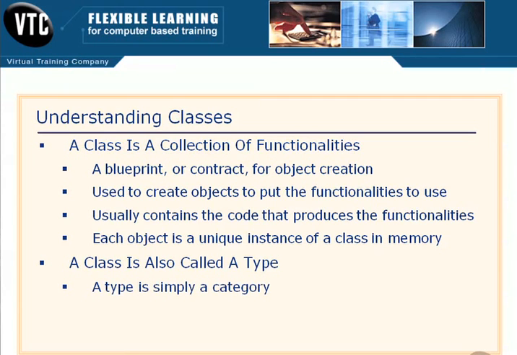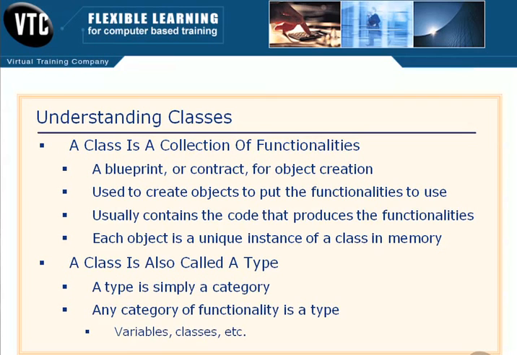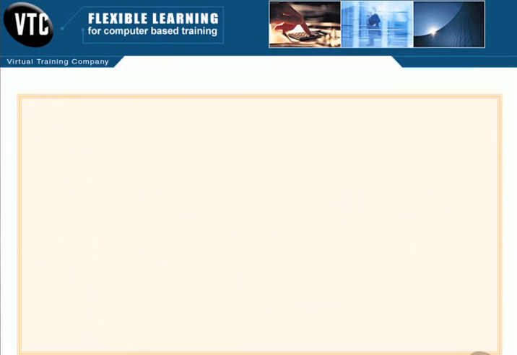But understand that a type is really simply a category of code or a category of functionality that has a name in programming. Any category of functionality is a type. For example, a variable has a type, and we talk about it all the time. It's a type integer. A class is a type. It's a collection or a category of functionality, all right? So don't let that confuse you.